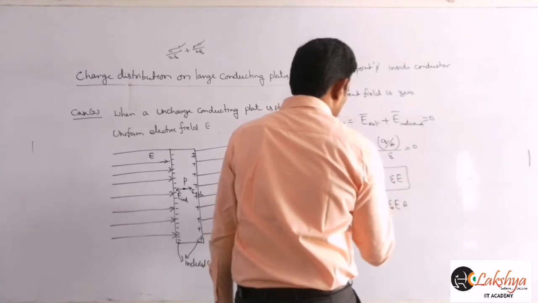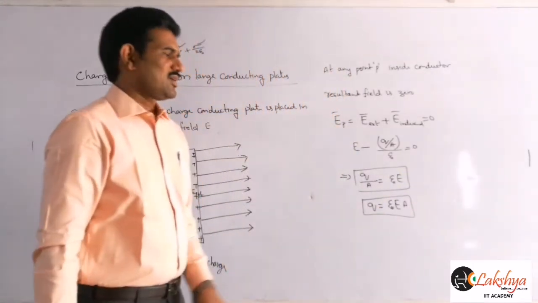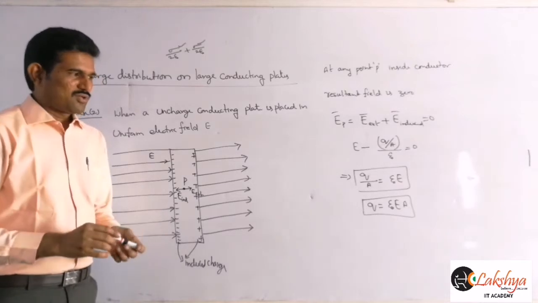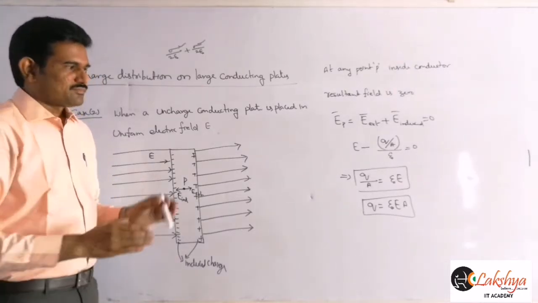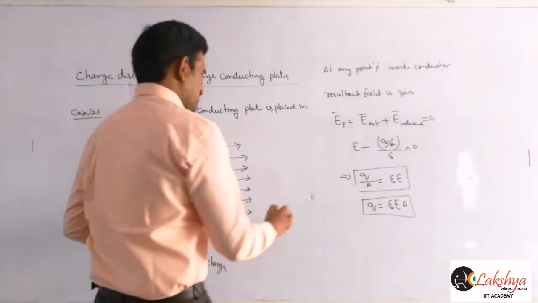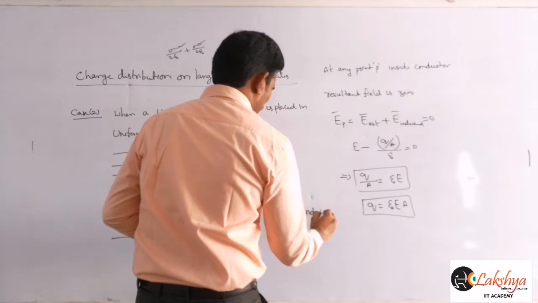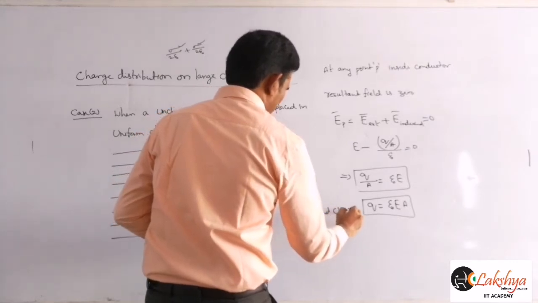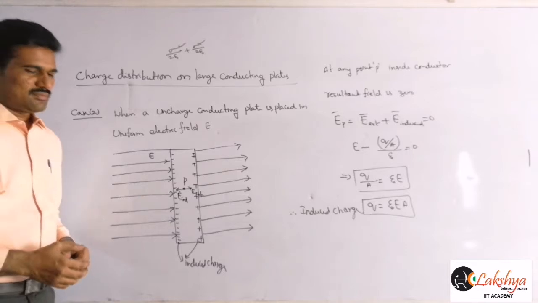So this is a surface charge density, and if you want to write charge, then we can write sigma into epsilon naught into A. So that will be the surface charge density there, right? So that will be the induced charge. So this is the induced charge appearing on the surface here. So the amount of induced charge is given like this, right?